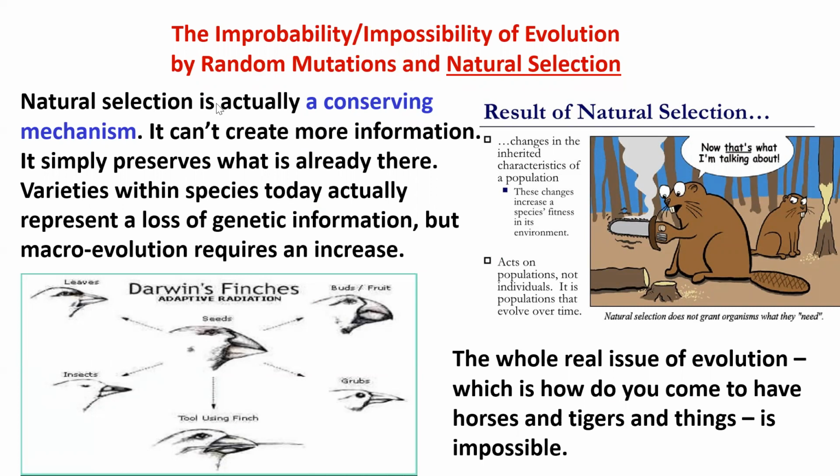But actually, natural selection is only a conserving mechanism. It conserves whatever is there. It doesn't create more information. It simply preserves what is already there. And varieties within species today actually represent a loss of genetic information, but macroevolution requires an increase. Like I said, from reptile to a bird, you need to increase information for forming feathers from a reptile.